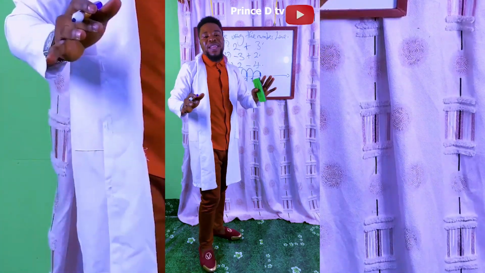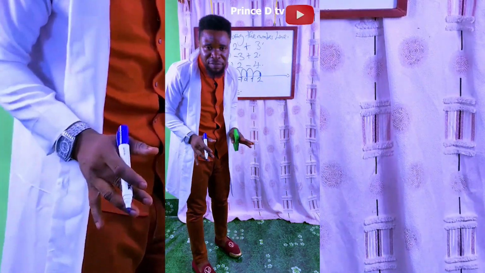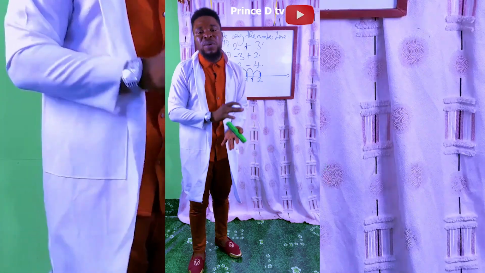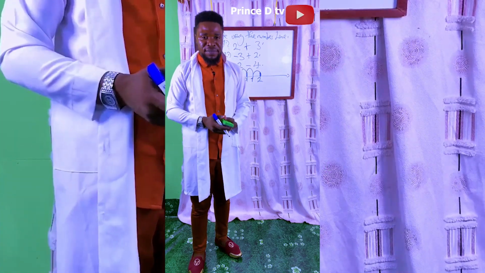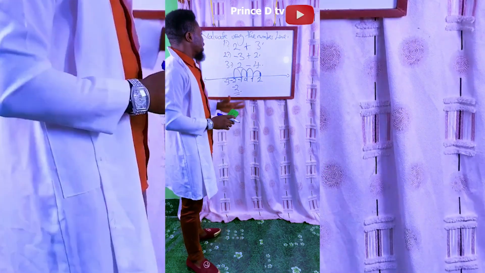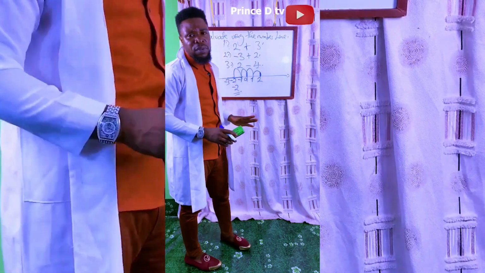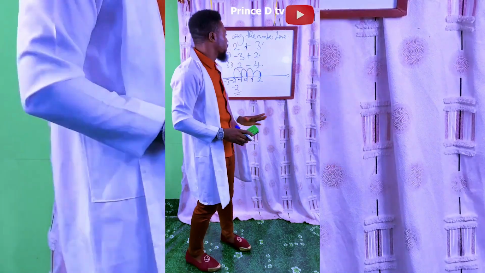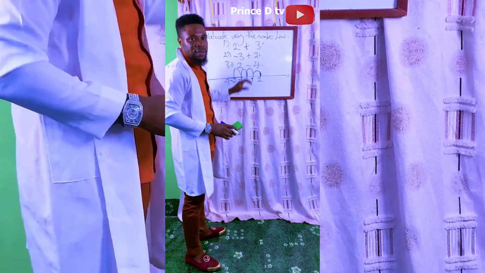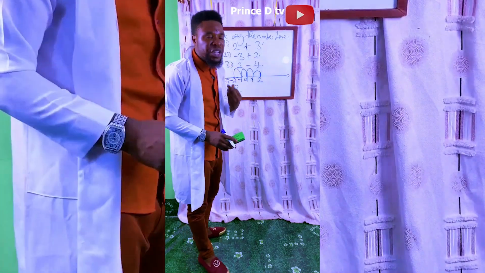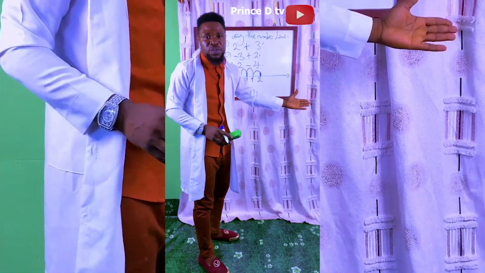Now, there are some things that I'm going to highlight here to seal your understanding on this. The first number always indicates your starting point. The middle sign tells you which direction you are going to.